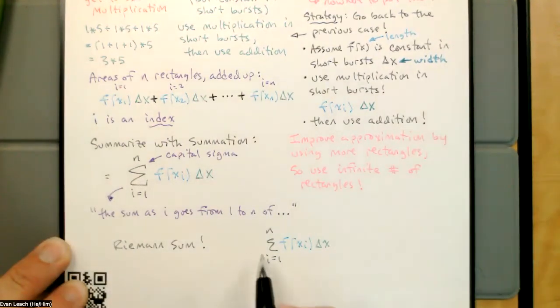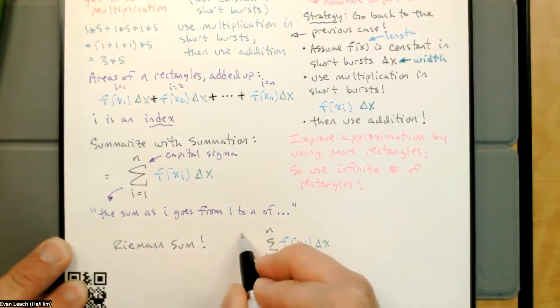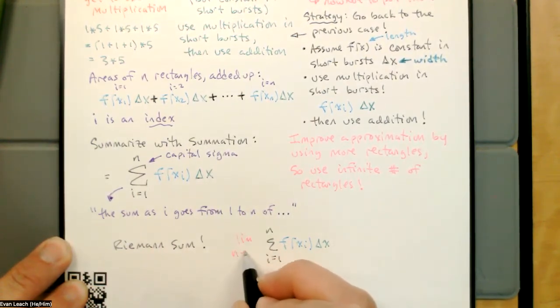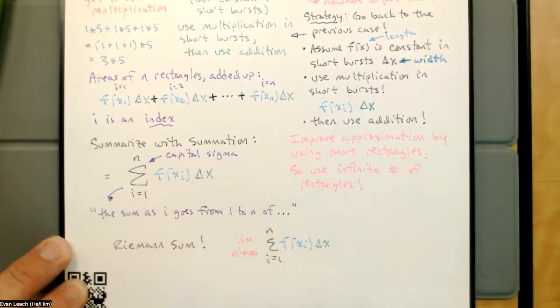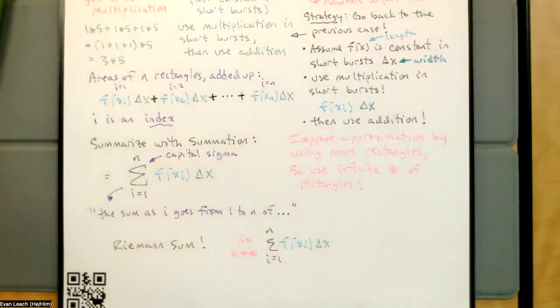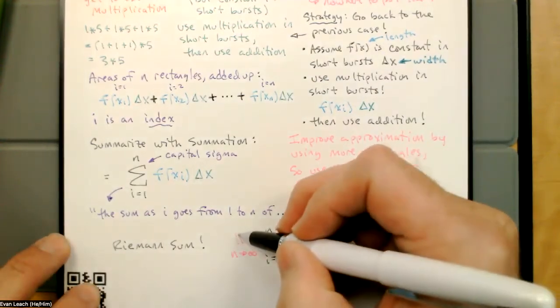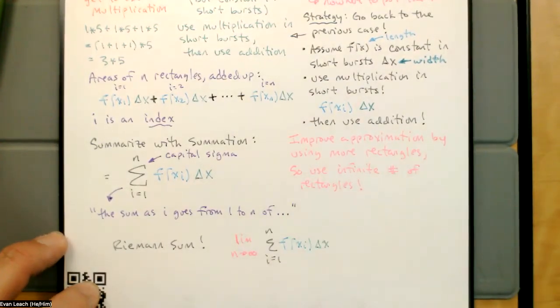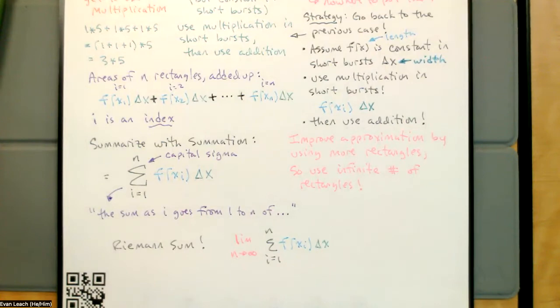And the calculus part just says, use an infinite number of rectangles. N is the number of rectangles. So let's just take the limit as n goes to infinity. We would plug in infinity, but we're not allowed to just plug in infinity because infinity is not a number. So we take the limit as n goes to infinity. At which point people are like, oh, isn't that just how you plug in infinity? And I go, quiet, you. But yes, that's how you plug in infinity.